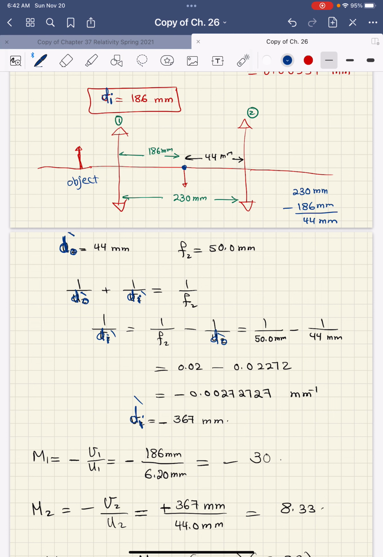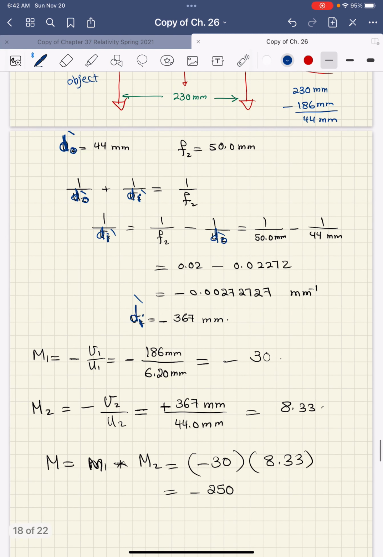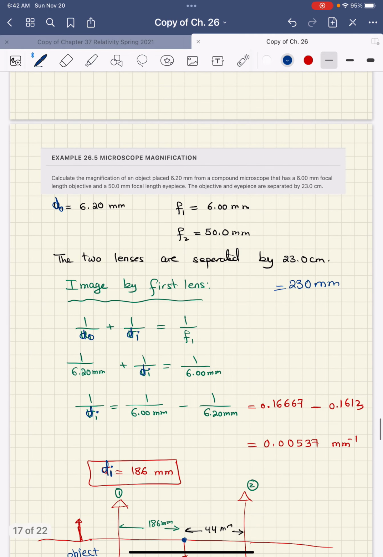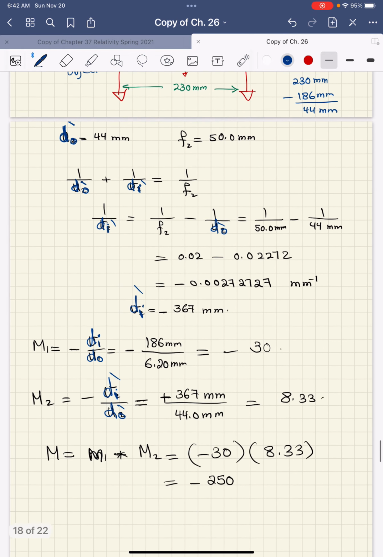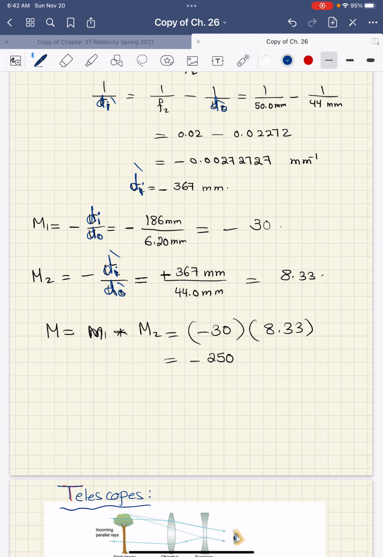Okay, I can calculate the first magnification, M1, as negative 30, which is di over do, and then di prime over do prime. When I multiply, I'm going to get negative 250, and that makes the image enlarged. It is upside down because it is negative.